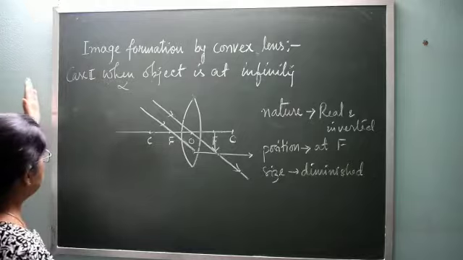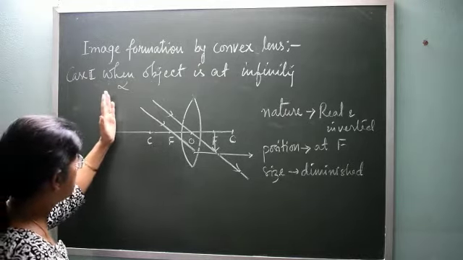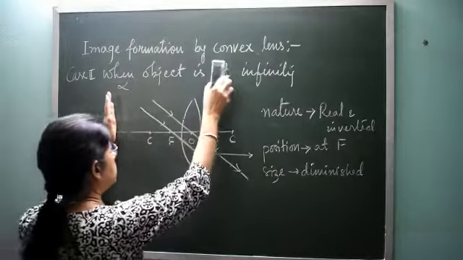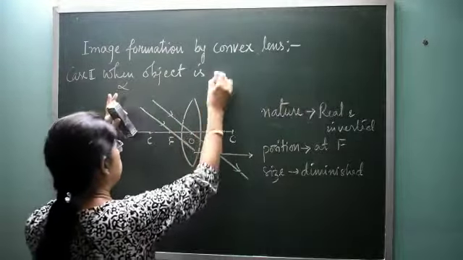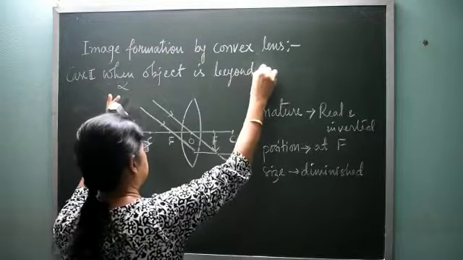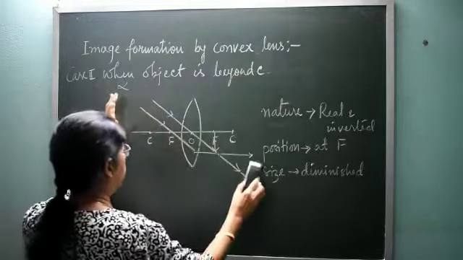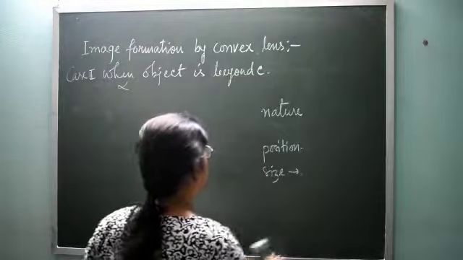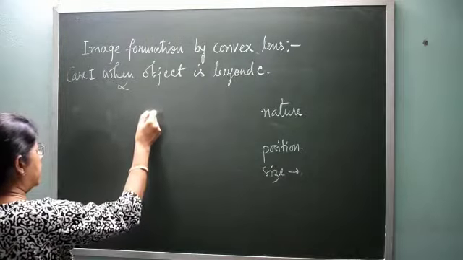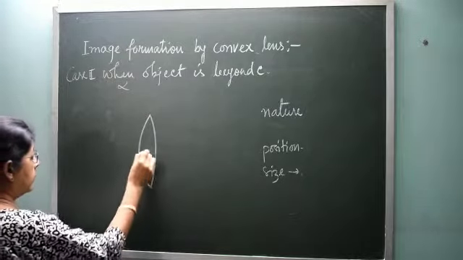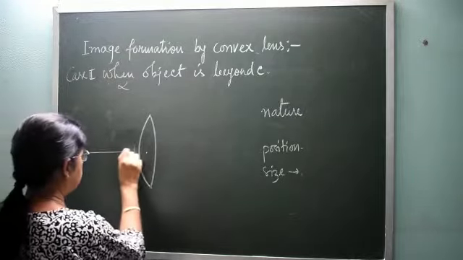Case 2: suppose I am keeping the object beyond C. So object is beyond C. Let us draw. This will be a convex lens. Midpoint optical center.